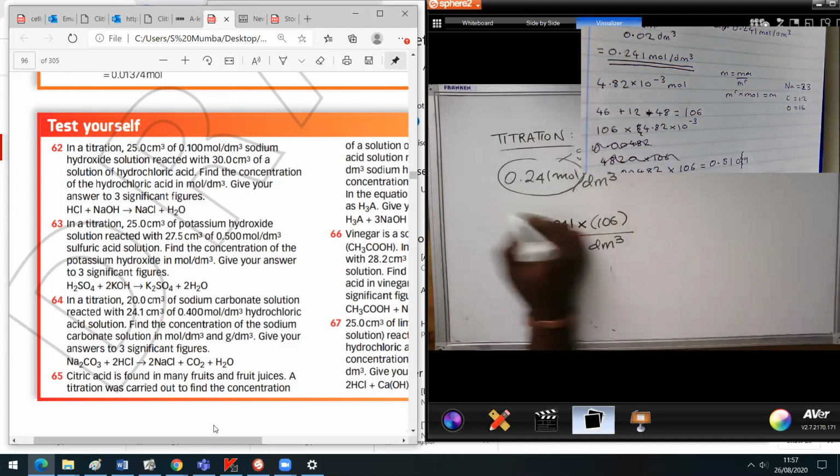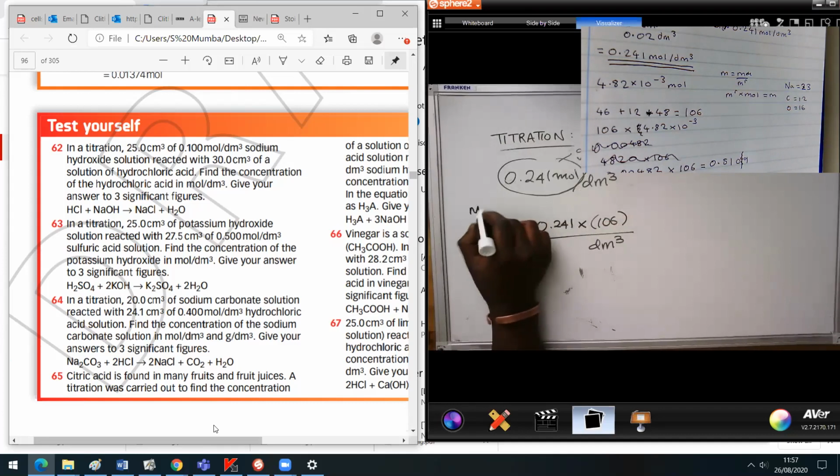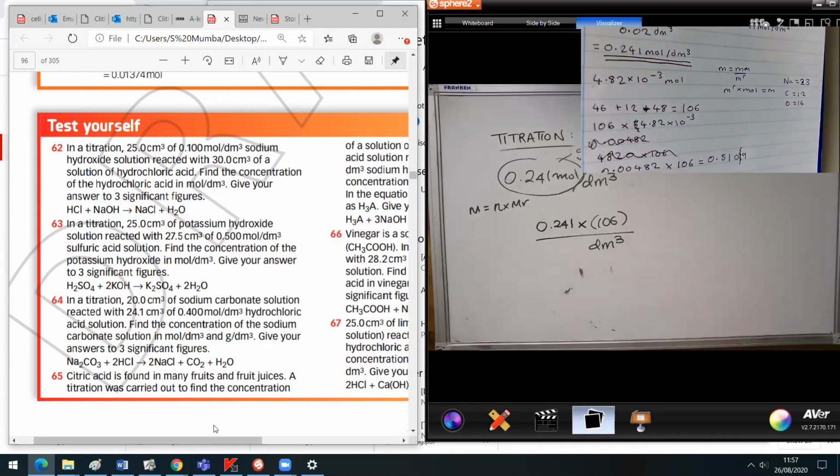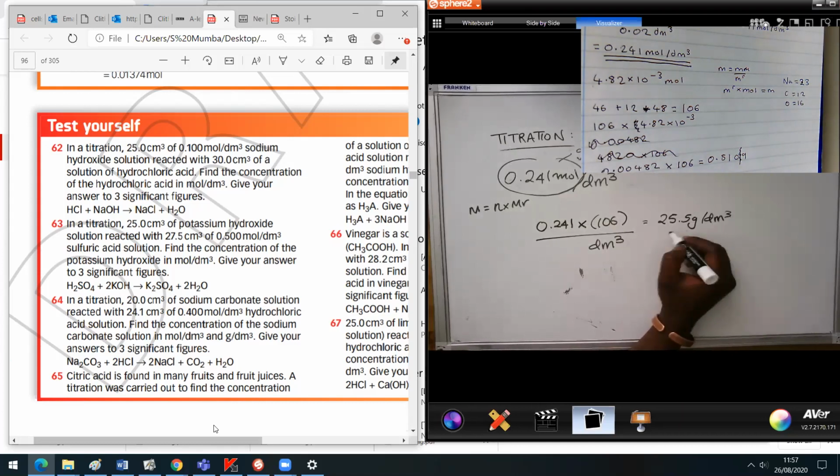The formula is mass equals moles times relative formula mass. So 0.241 times 106, and the answer comes out right away as 25.5 grams per decimeter cubed. You just change the moles bit to grams using the equation, and then you're done.